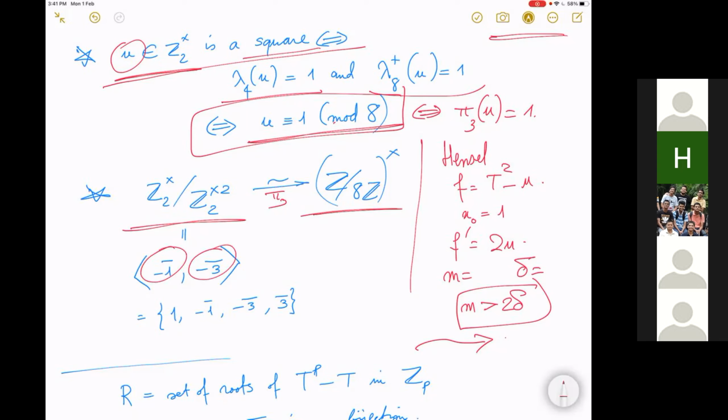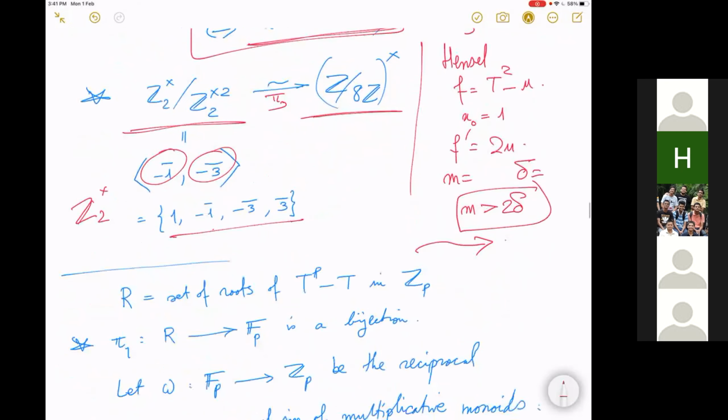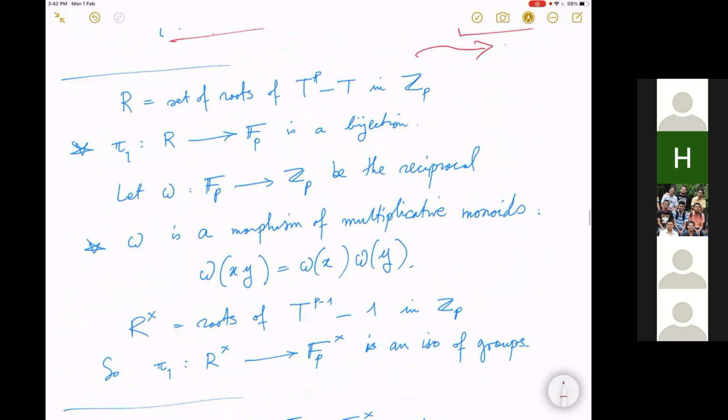So in all, it has just 4 elements, namely 1, -1, -3, and 3. That's all. So it's a very small group, although Z2 star itself is huge as far as the cardinality is concerned, because it has the power of the continuum. Okay. So I'm going to go on to something different now.